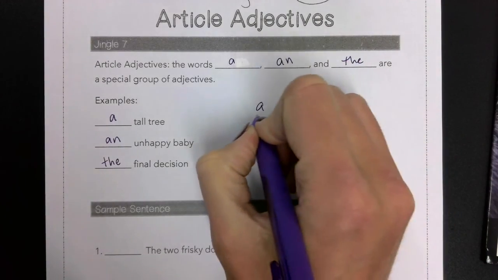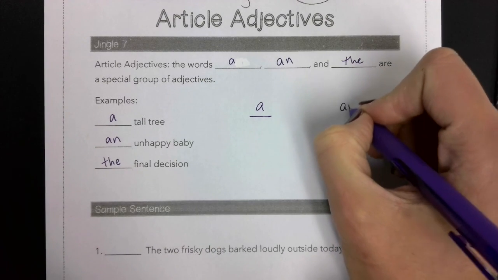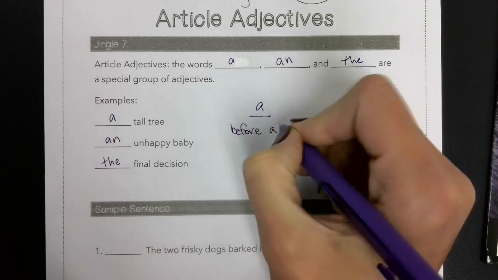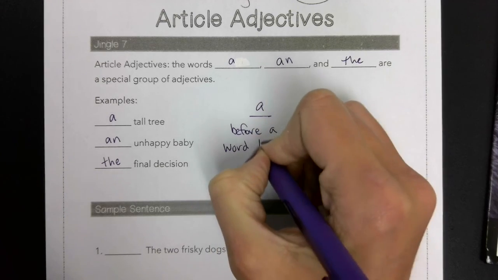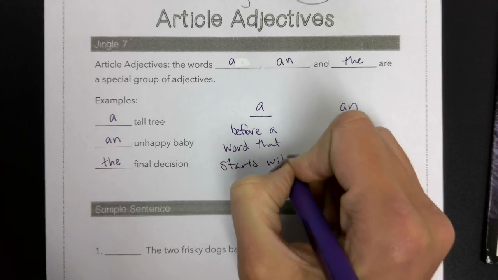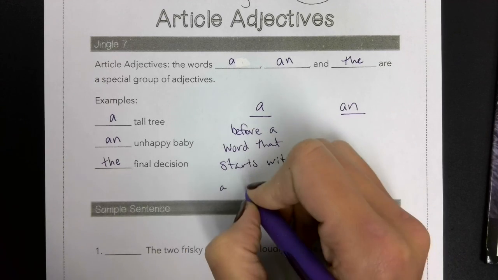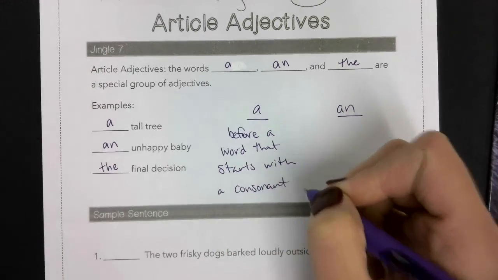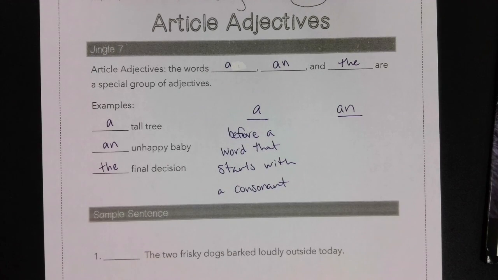we use a before a word that starts with a consonant. Okay, so if it starts with a consonant, which is any letter that's not a vowel, A, E, I, O, or U, we'd use a.